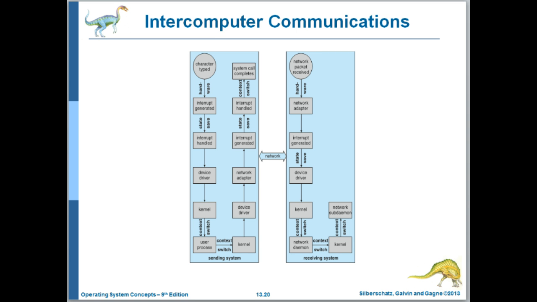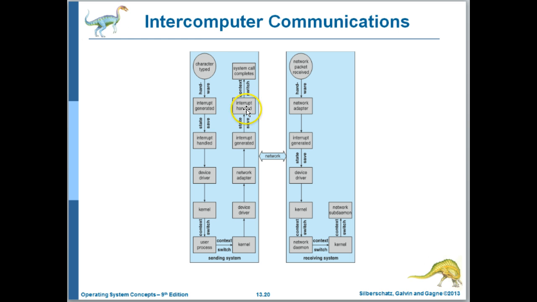So this figure shows, for example, a remote SSH connection. User types a character that generates a hardware interrupt. The CPU has to stop what it's doing, handle the interrupt, go through the device driver code into the kernel, ultimately send that character across the network, and the user shell on the other side ultimately receives that.